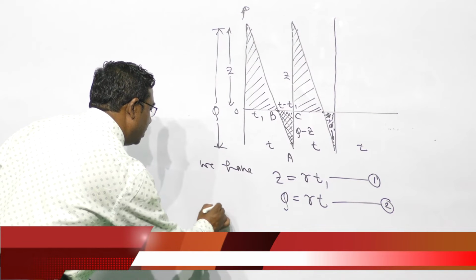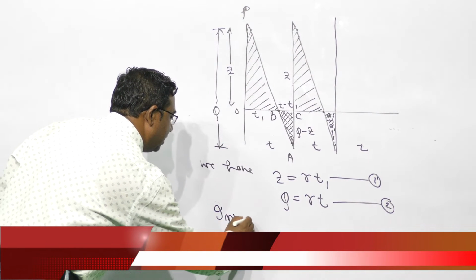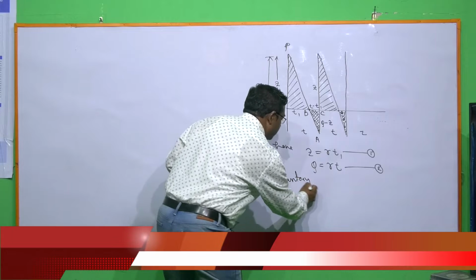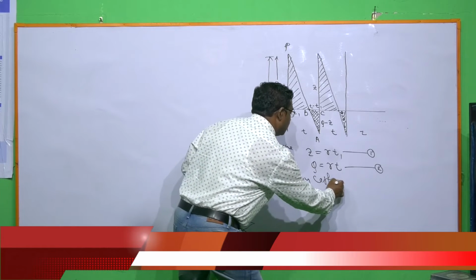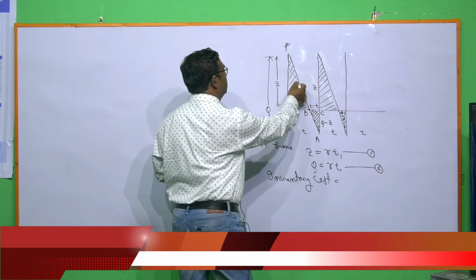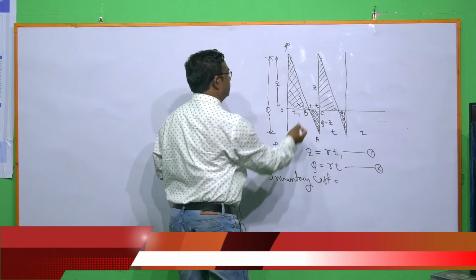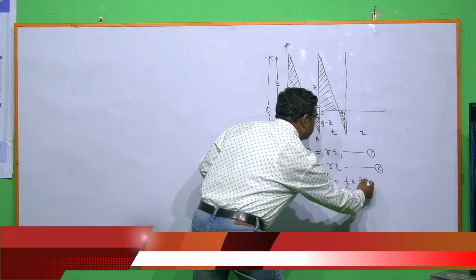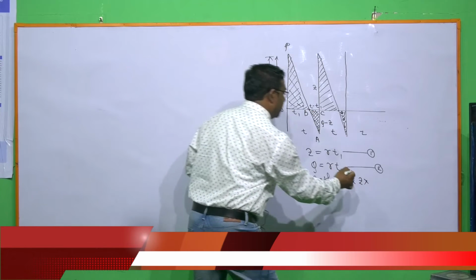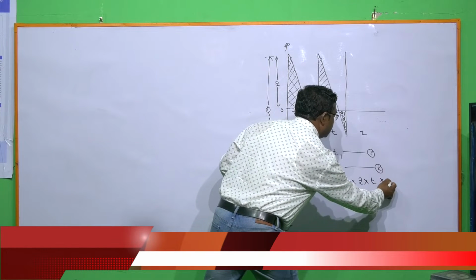Now inventory cost is equal to half Z T1 into C1.